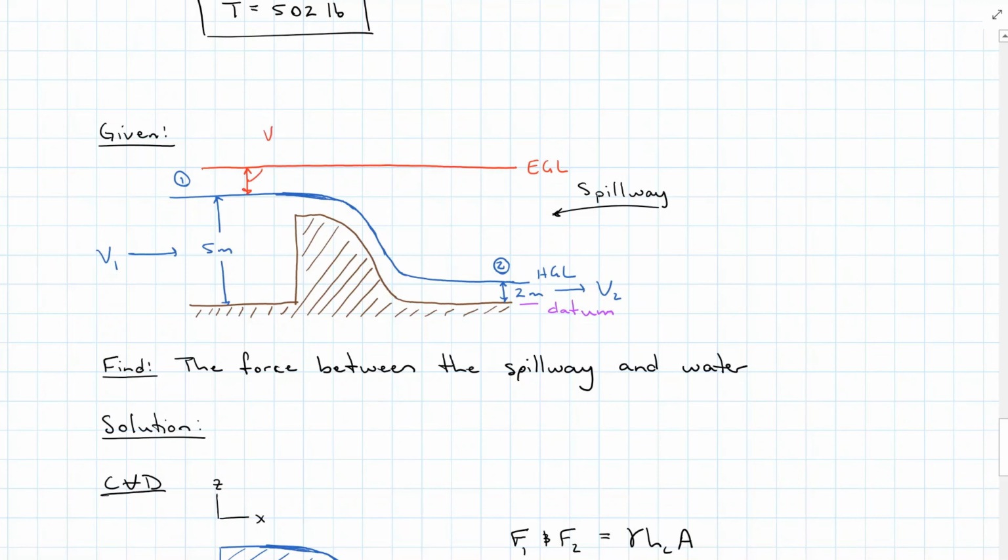So this is V1 squared over 2g, which happens to equal 0.571 meters. And then the velocity head over here, which is V2 squared over 2g, and that is equal to 3.571 meters.